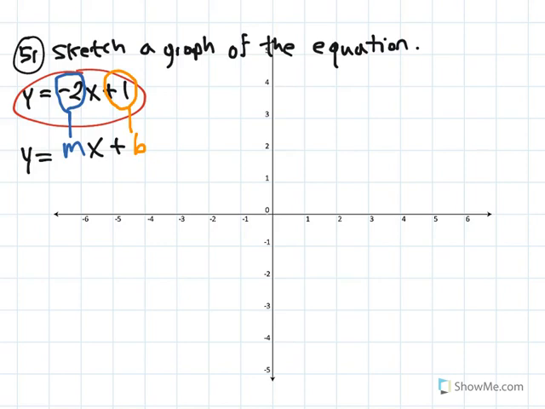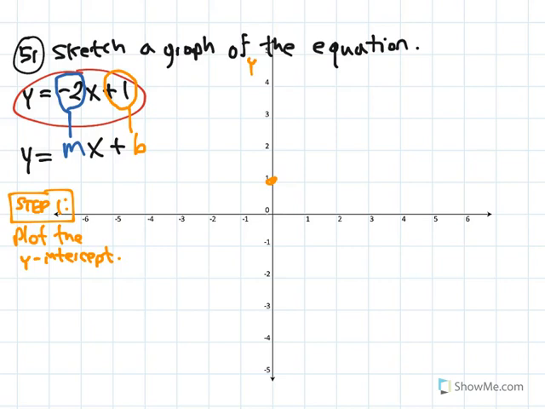So if you want to sketch a graph of this equation, your first step is to plot the y-intercept. The y-intercept is 0, 1. So I find the point 0, 1, which is right here, and I plot it. The next step is I need to get a second point that's on this line.